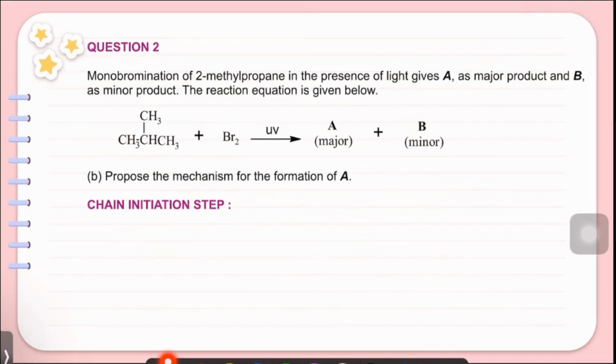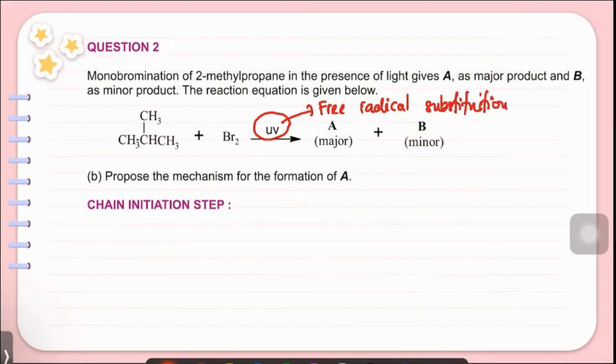And then B, propose the mechanism for the formation of A. So for this reaction, sekiranya ada UV, that means the type of reaction here is free radical substitution.